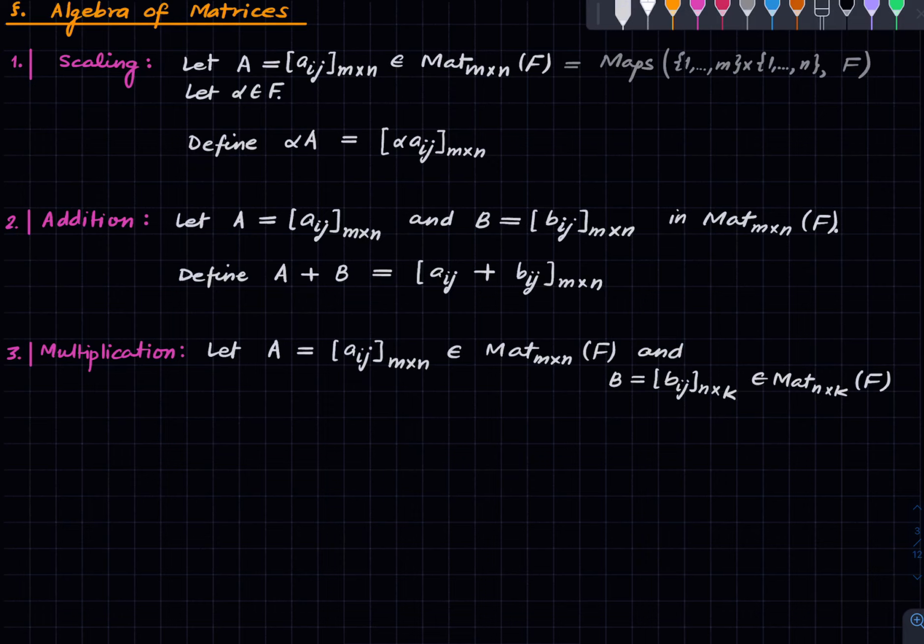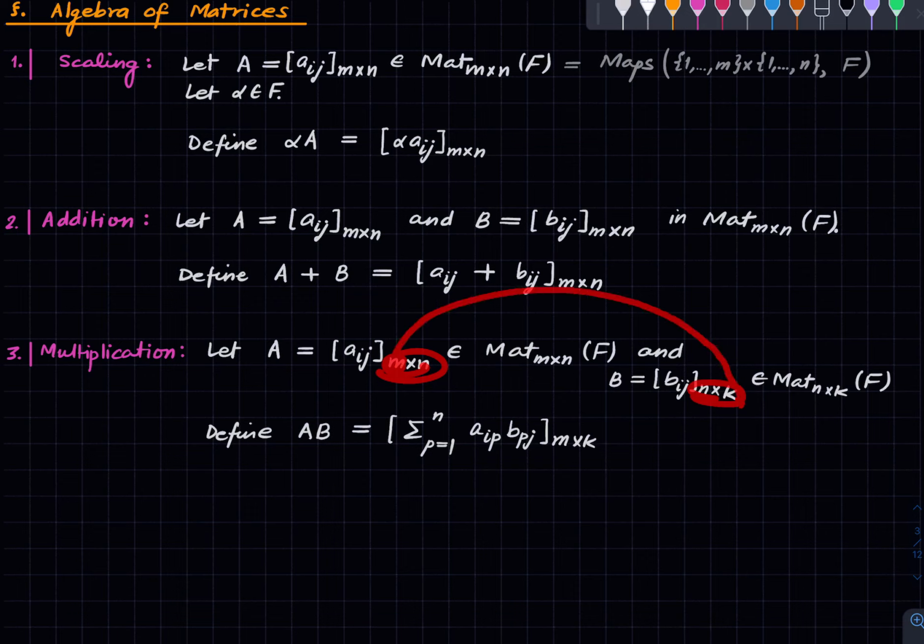And now define the product A times B as this funny thing. So you multiply an m cross n matrix with an n cross k matrix, it becomes an m cross k matrix. And the ijth entry looks like this.